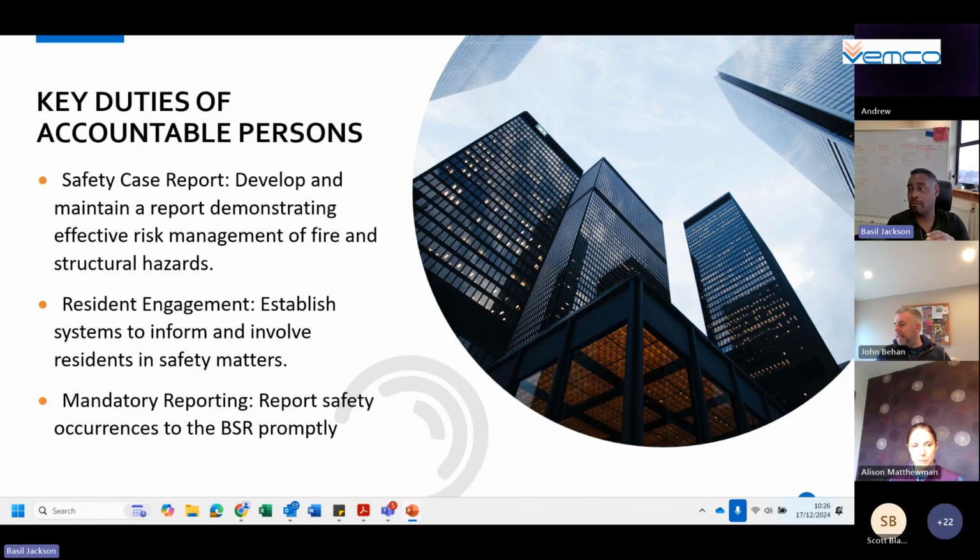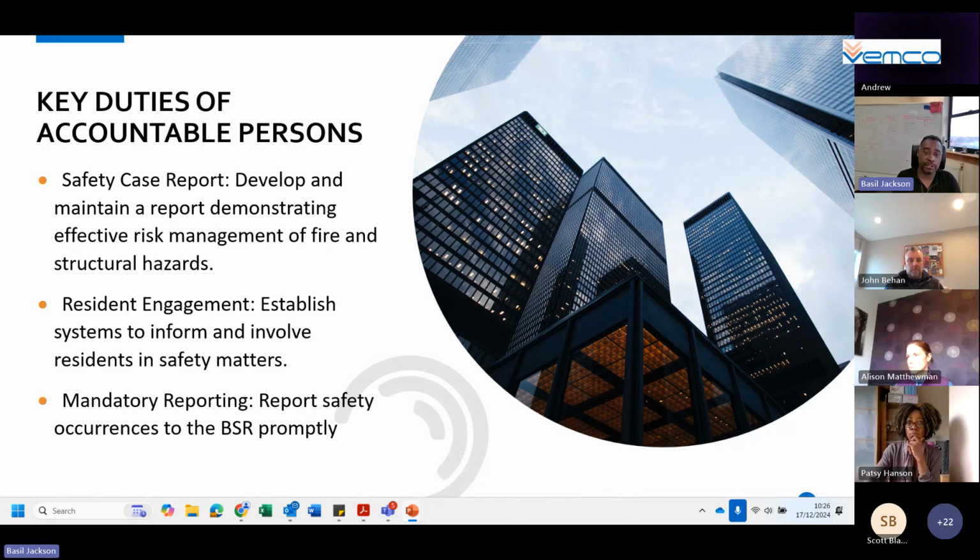Some of those incidents may be relatively minor, so you don't report them to the building safety regulator because they're easily dealt with and nothing major. But others will get to a threshold where you need to report to the building safety regulator, and that reporting system needs to be established in a document that communicates it to the building safety regulator. He will expect you to tell him what reporting system you are going to employ at this building.